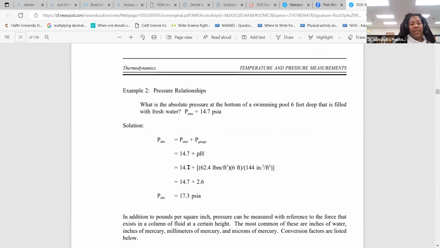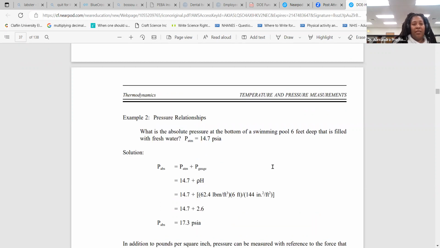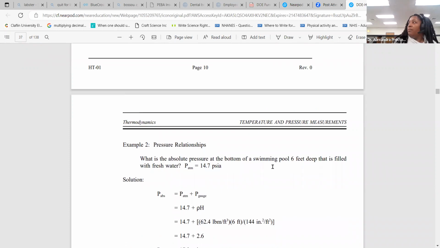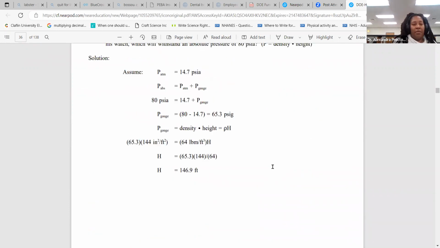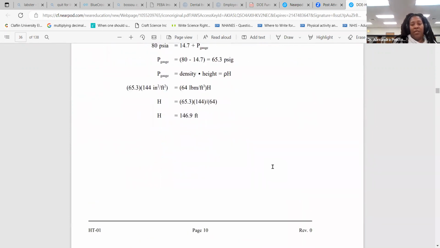So 14.7 plus 62.4 pounds per cubic foot times 6 feet, and then they give you that factor again, divided by 144 inches squared per foot squared. You see it in the first example.